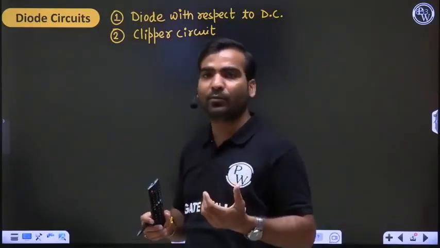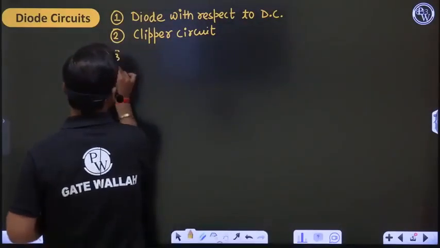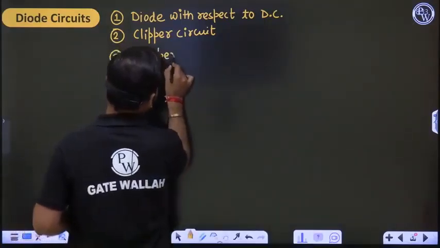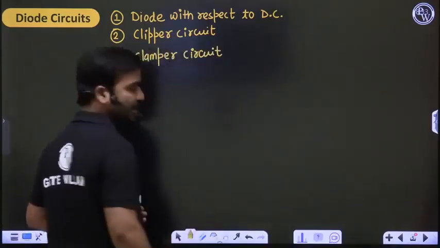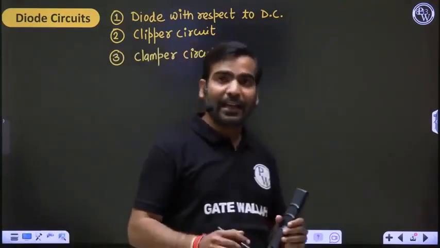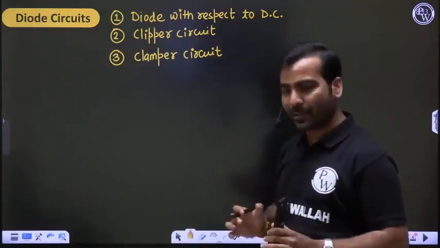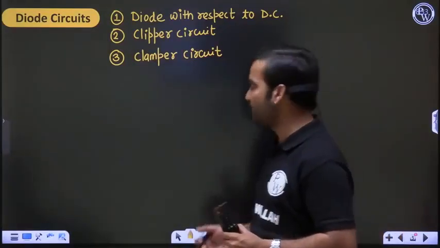Then you will know that this is a clipper circuit. Next, third, is the clamper circuit, where you will find a diode, some sources like a DC voltage source or current source, and along with that a capacitor. We will identify the circuit and do the analysis of that circuit.